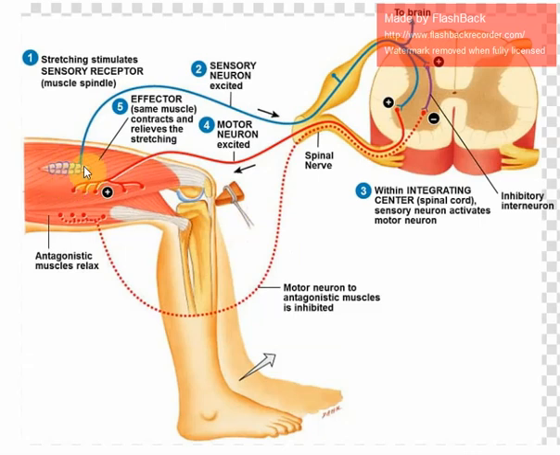The extrafusal fibers are along the muscle origin and insertion, and the intrafusal fibers are in the connective tissue part of the muscle. These kinds of fibers sense the tension and the lengthening of the muscle, the tension build up and how much the muscle is lengthened. Accordingly they act and they protect the muscle from overstretching.